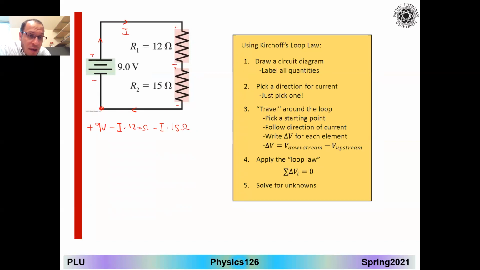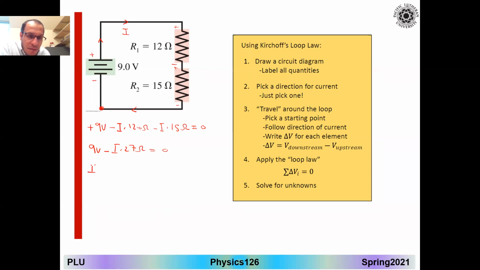Now I get back to the same point, so I closed my loop. This is Kirchhoff's law for the voltage: the sum equals 0. So we have 9 volt minus I times 12 plus 15, which is 27, so I times 27 ohm equals 0.